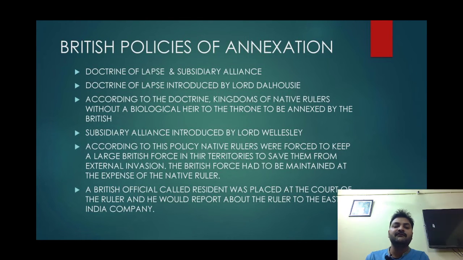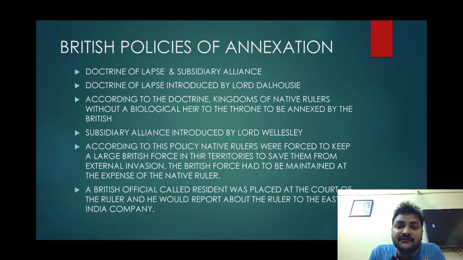Understand this again. Suppose a king dies without any son, then his adopted son will not have any right over the state. If he is a born son, then it's not an issue. But if he is adopted, he has no right over the state. Right? So that was the doctrine of lapse.